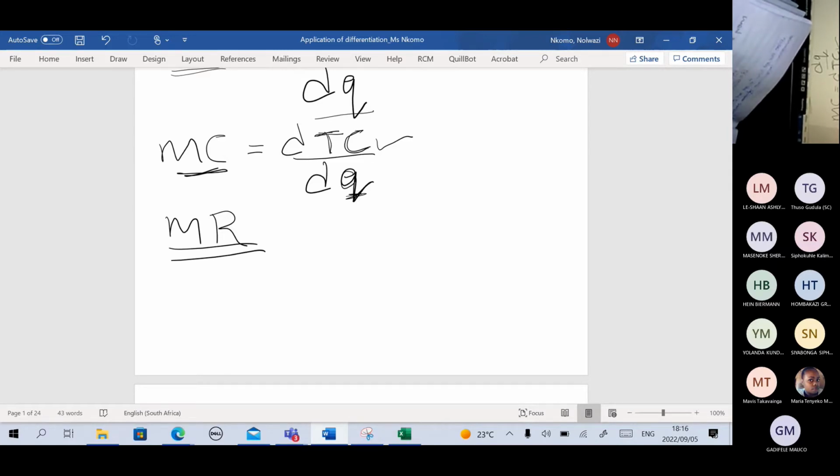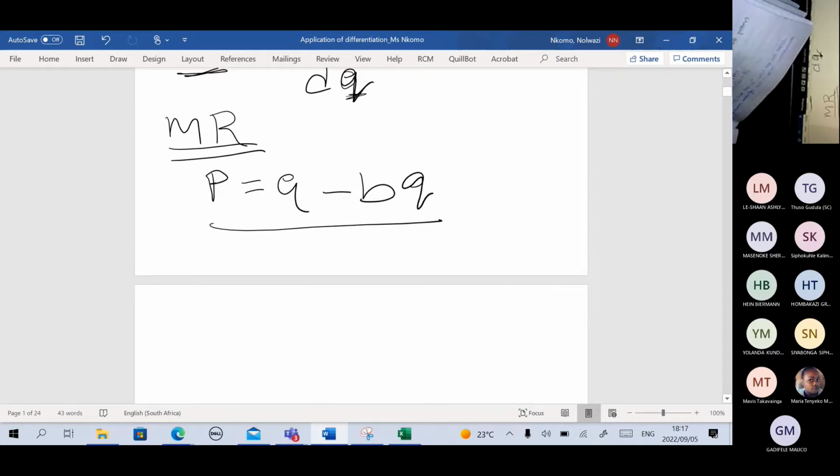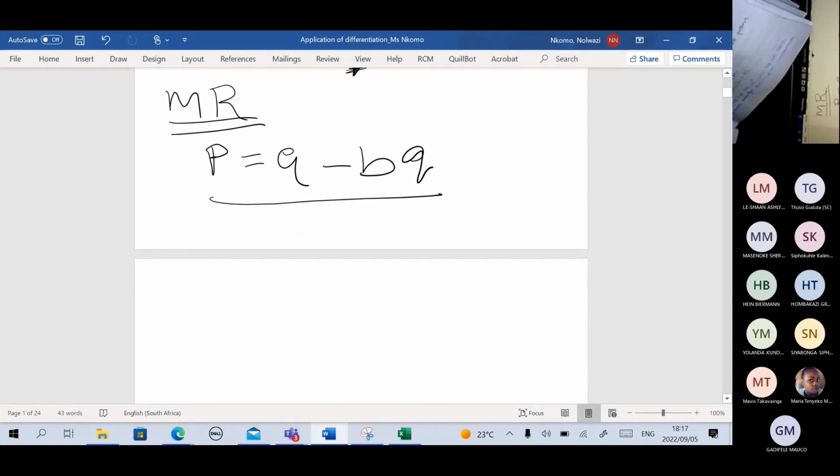Let's say we are given the demand function as P is equal to A minus BQ. Remember this equation from chapter 2, right? Suppose we are given that the demand function for a certain product is equal to A minus BQ.